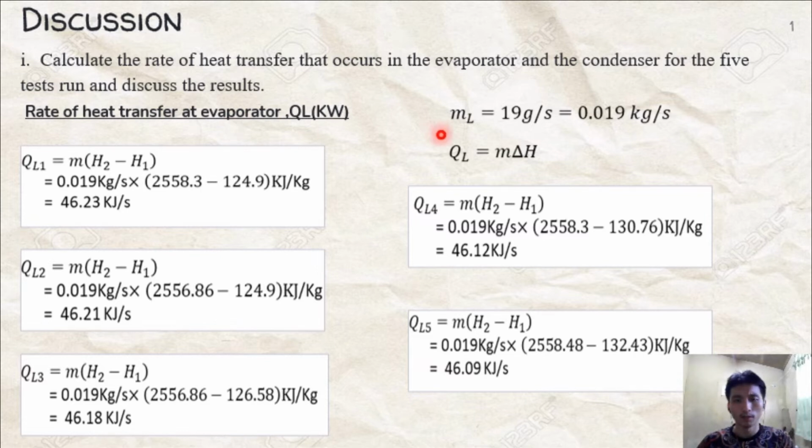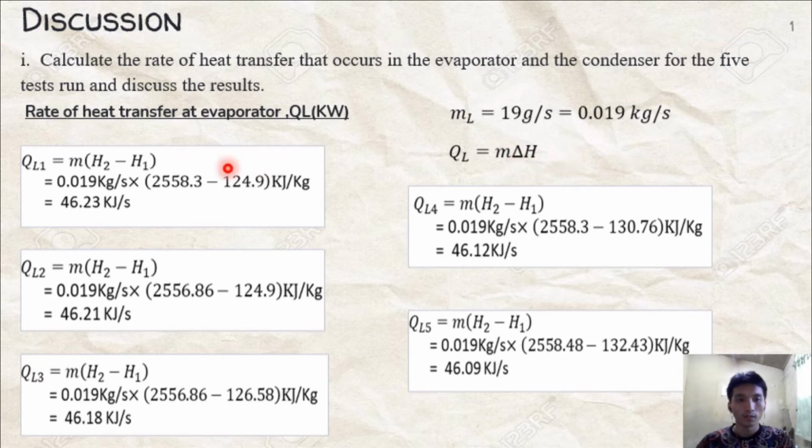We are given the data for ml equal to 19 gram per second, and this we need to change to 0.019 kilogram per second. We also are given the equation QL equals m delta H, where m is the mass flow rate, while delta H is the change of enthalpy.